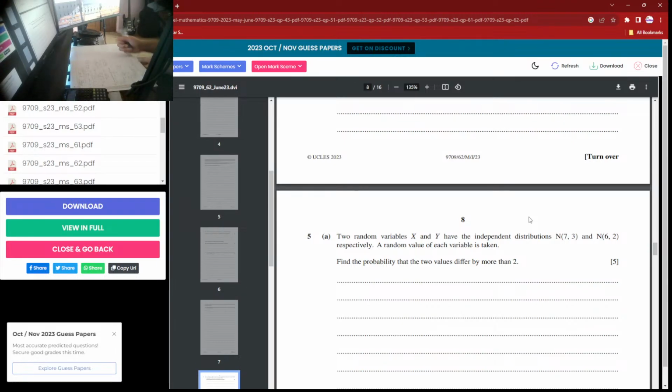We would get 2 minus 1 over root 5, so we will get Z is more than 0.447. Yeah, I don't feel right about this. I feel like we have to do both sides, negative 2 and 2.